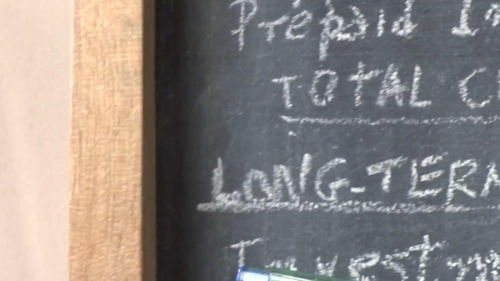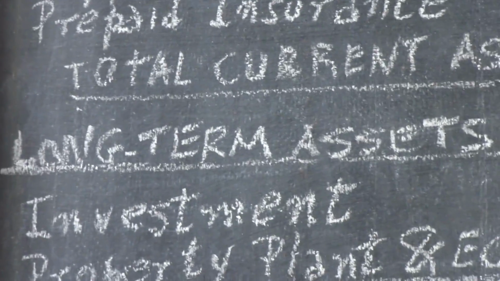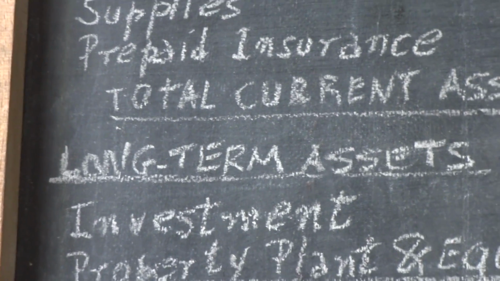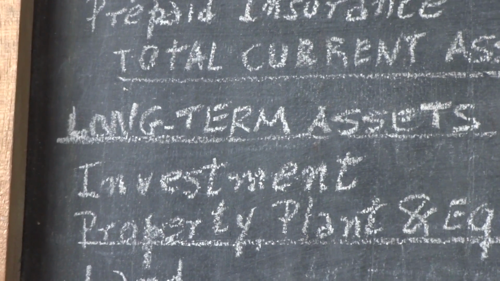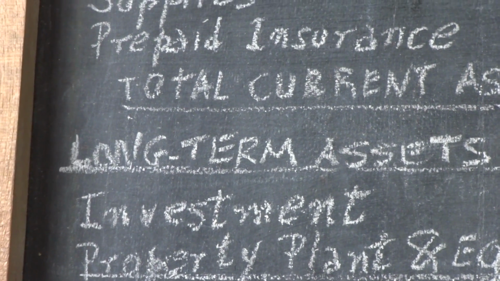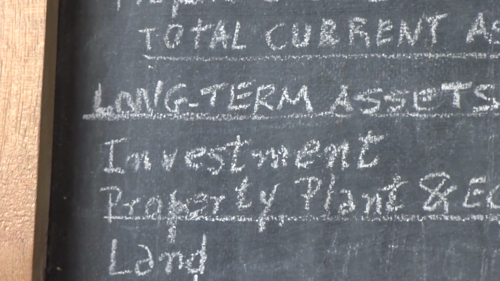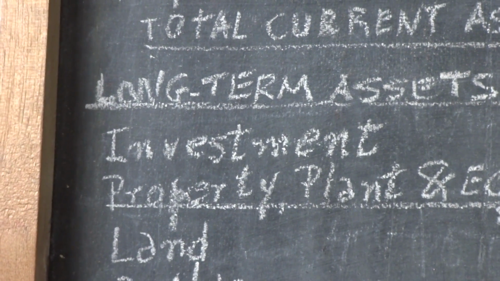Then we have the long-term assets. The long-term assets are the properties that the Bright Corporation has and that become cash in more than 1 year.